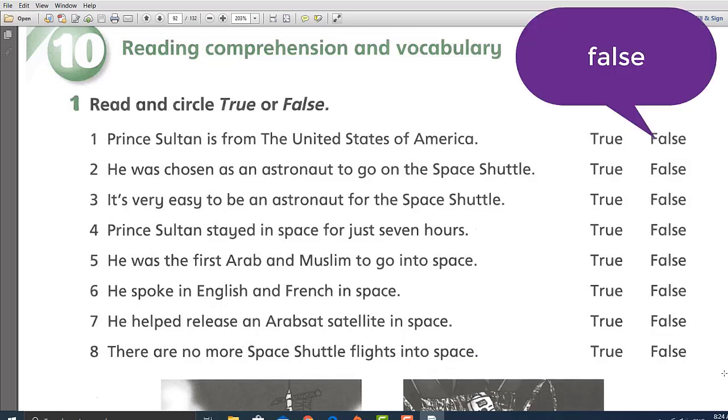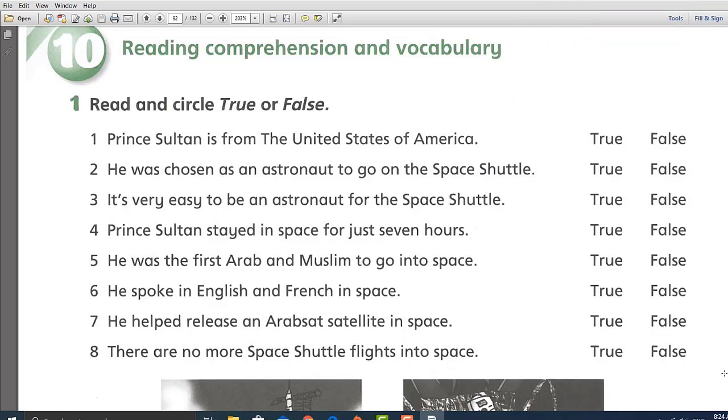Number 2. He was chosen as an astronaut to go on the space shuttle. Yes, this is a true sentence.